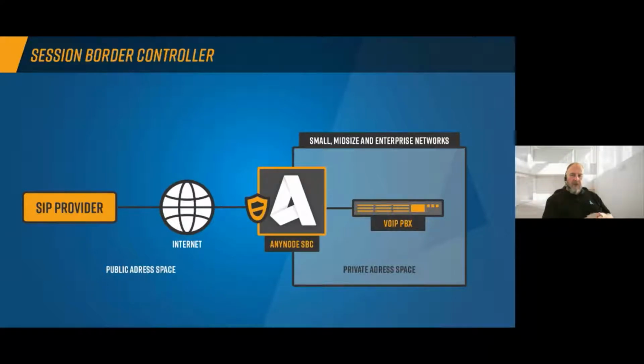On the media layer, the SBC makes sure that the media data can traverse your network boundary without being impaired by firewall or different NAT implementations. In case of incompatible codecs, anynode can transcode between those various formats and make media interoperability possible.